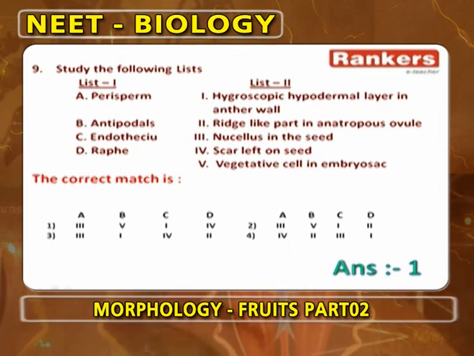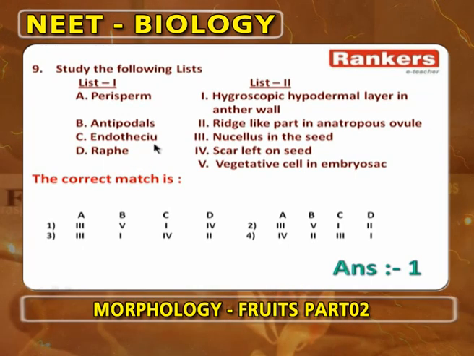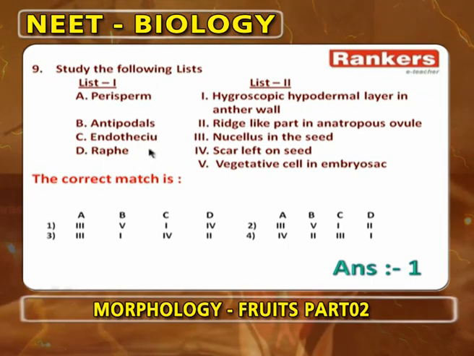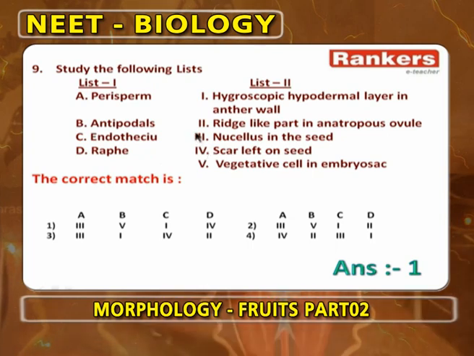So, perisperm is always nucellus in the seeds. So, A is 3. Antipodals are vegetative cells of embryo sac. B is 5. Endothecium is hygroscopic hypodermal layer of anther wall. C is 1. Raphe is ridge-like portion on the anatropous ovule. D is 2. So, the answer is 1.